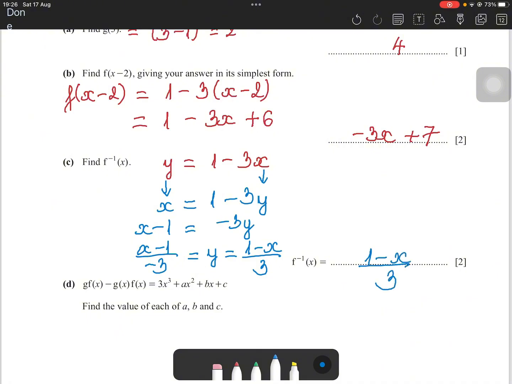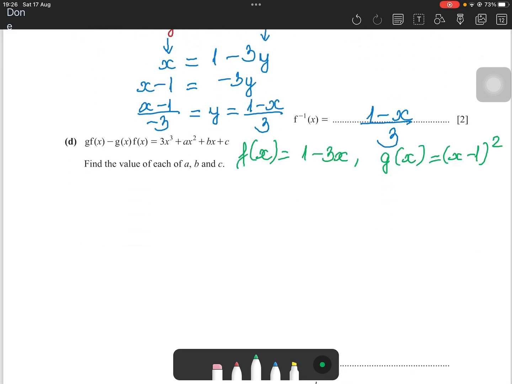D. gf of x minus g of x times f of x equals 3x cubed plus ax squared plus bx plus c. So we should write down f of x and g of x again. f of x is 1 minus 3x and g of x is x minus 1 squared.